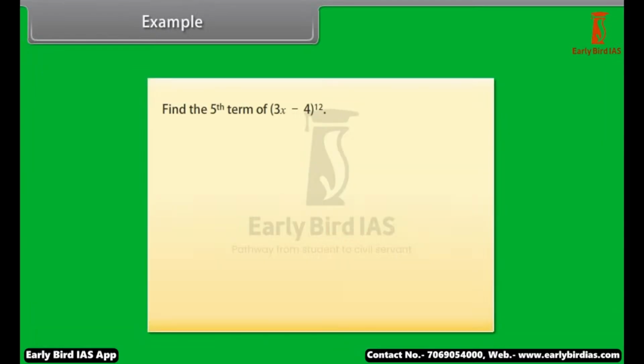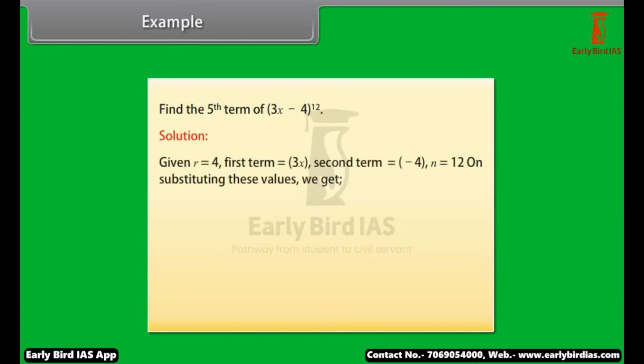Example: find the fifth term of 3x minus 4 raised to power 12. Solution: given r is equal to 4, first term is equal to 3x, second term is equal to minus 4, n is equal to 12.